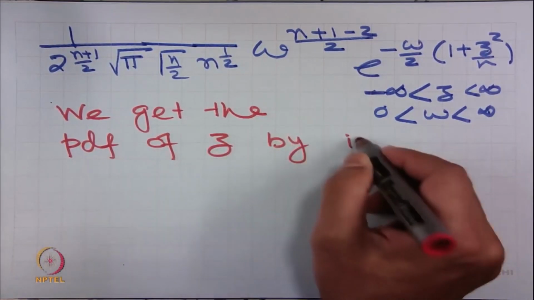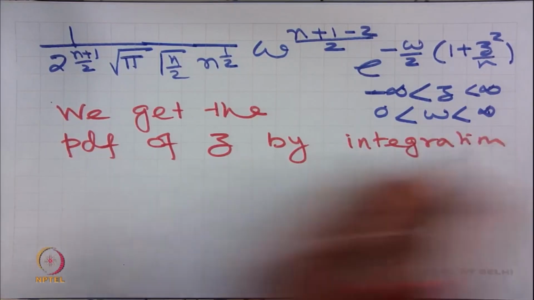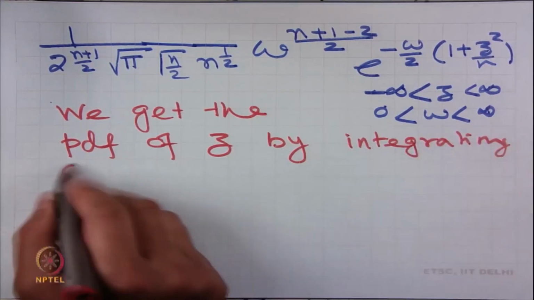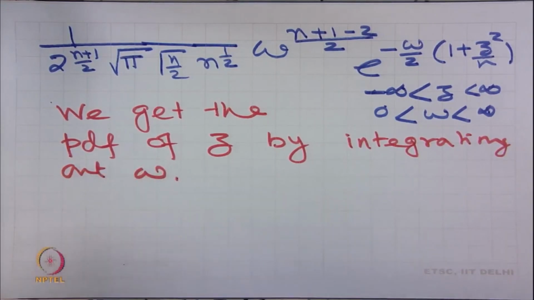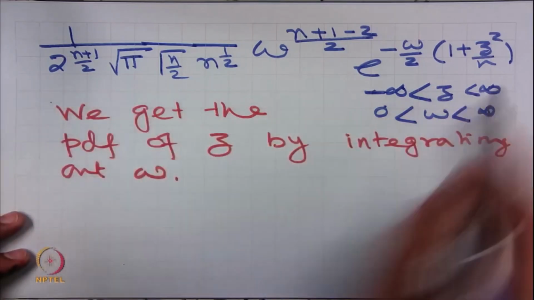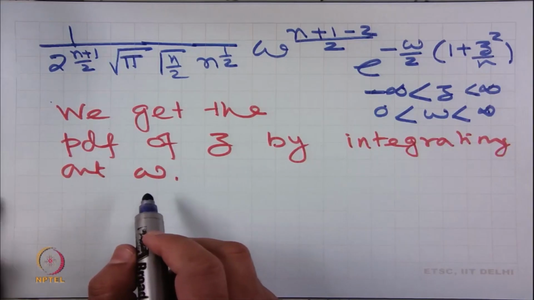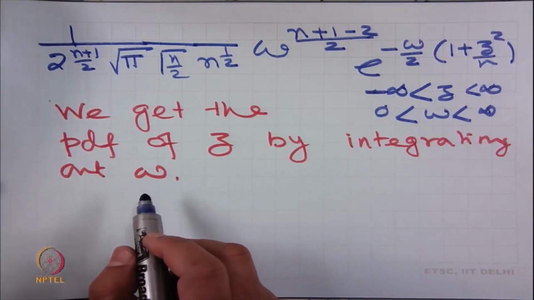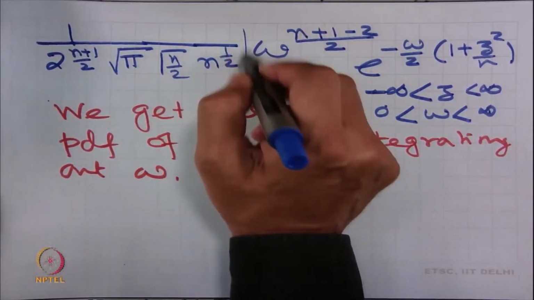By integrating out w, right? If we consider this carefully, we can see that this actually is coming out to be a gamma integral. So, let us forget about the constant first.